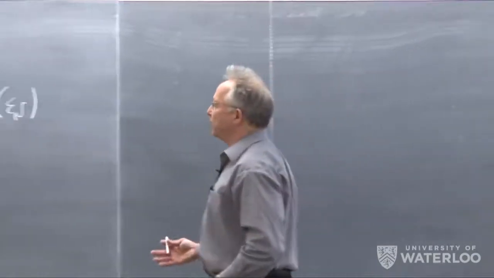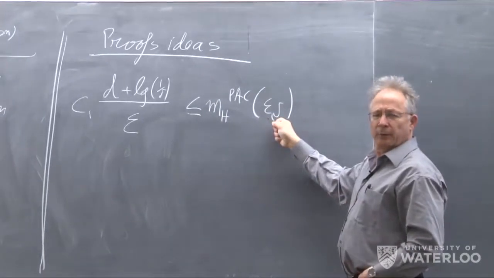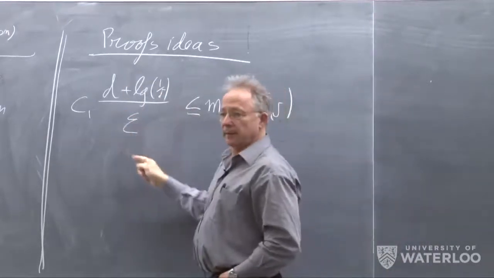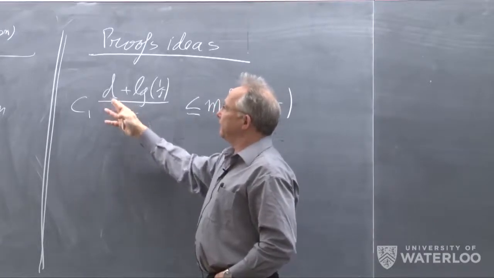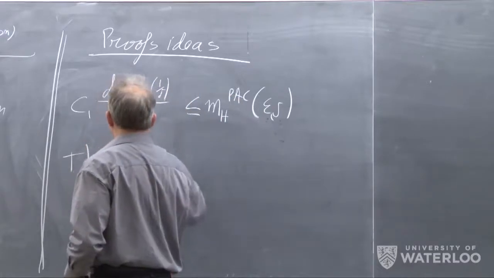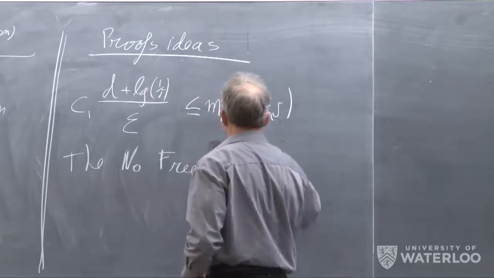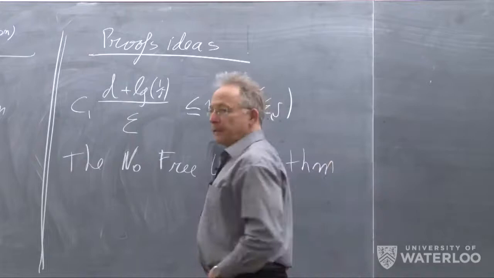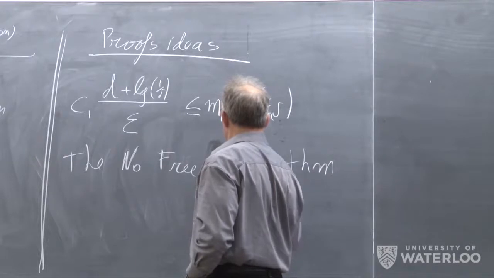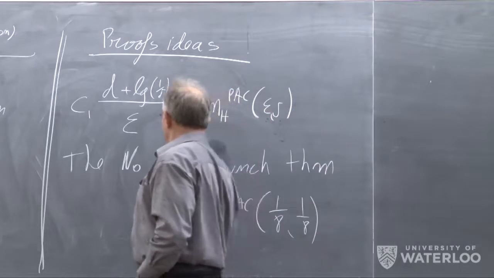The no free lunch theorem told us that if I put here a quarter and a quarter, or what was it? 1 over 8, 1 over 8, and 1 over 8, then what I need here is at least D over 2 many points. So the no free lunch theorem can be rephrased as saying that M_H^PAC of 1 over 8 is at least D over 2.